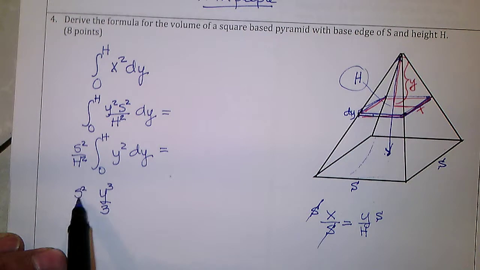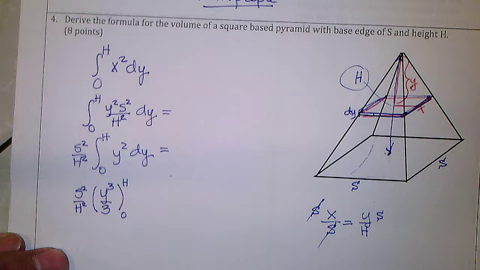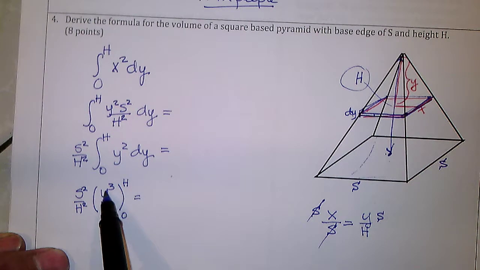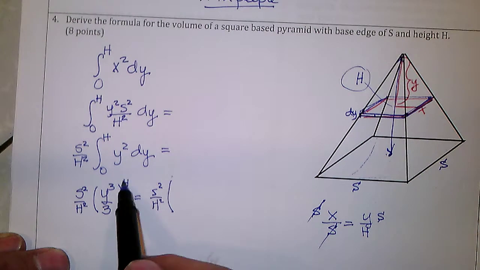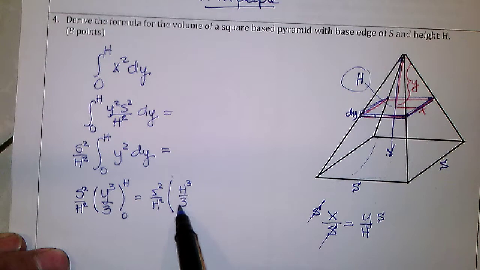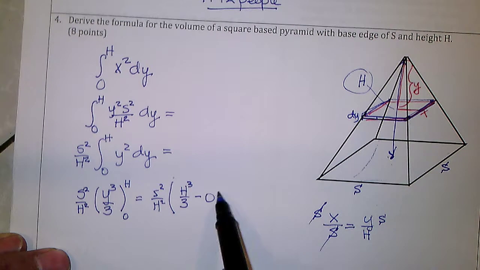We still have the s squared and h squared out here that we have to evaluate from 0 to h, which, putting the h in here, I have the s squared and the h squared, and I'd get h to the third over 3. Then put the 0 in, I get minus 0.